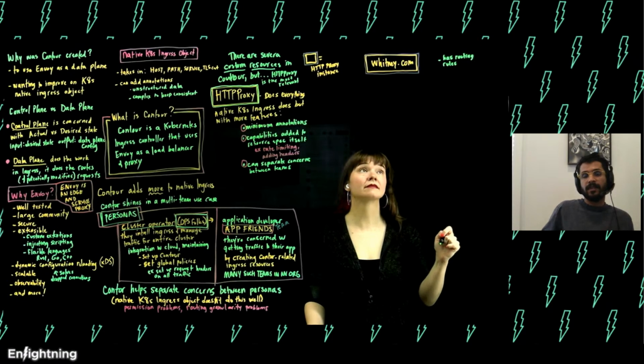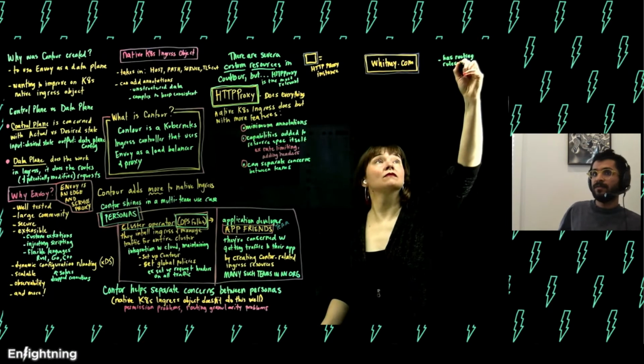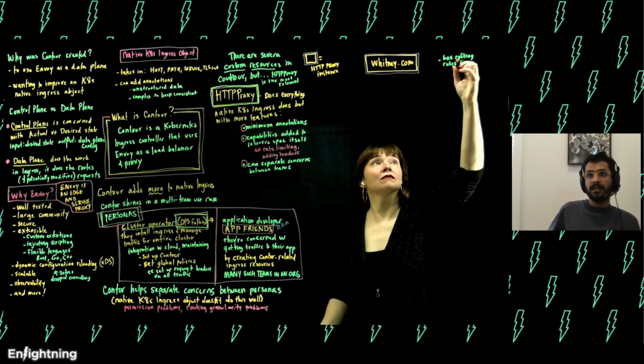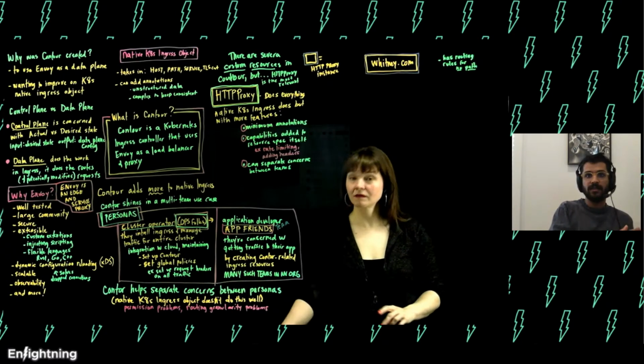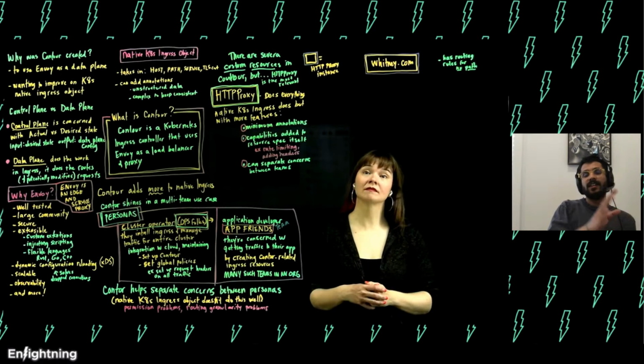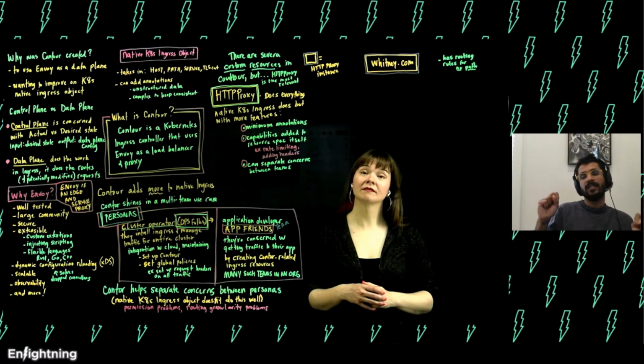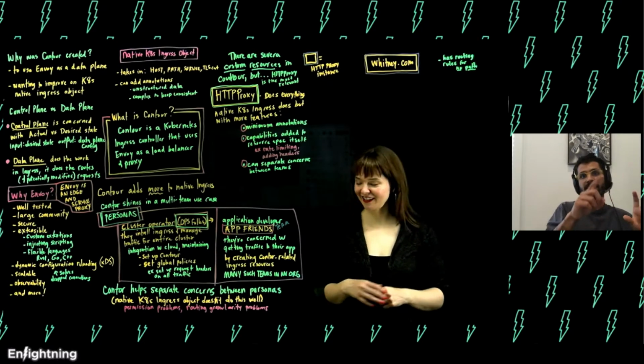If you have a separate application that serves Whitney.com/blog, say that this Whitney Enterprise is a huge organization, you have a whole team managing your blog. You may have an inclusion rule that says Whitney.com can delegate to the Whitney blog HTTP proxy based on the path.